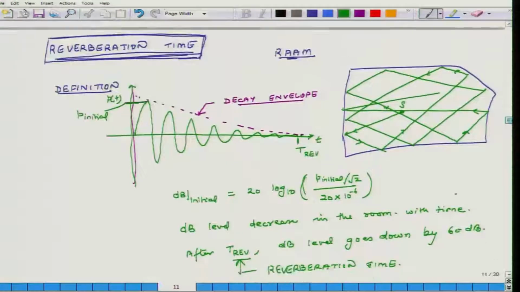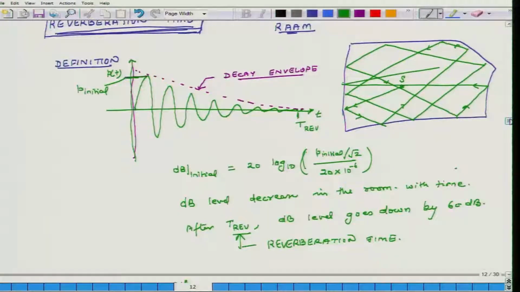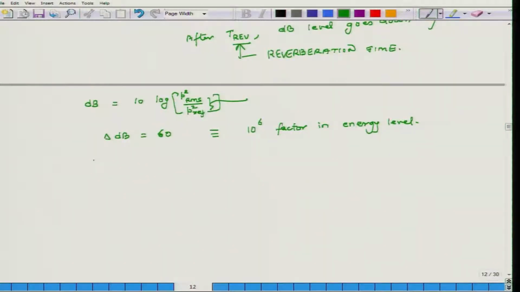So, what is reverberation time? Based on all this discussion, I can define reverberation time as the time required for a sound in a room to decay by 60 decibels. If it decays by 60 decibels over a period of some time, that time is known as reverberation time.